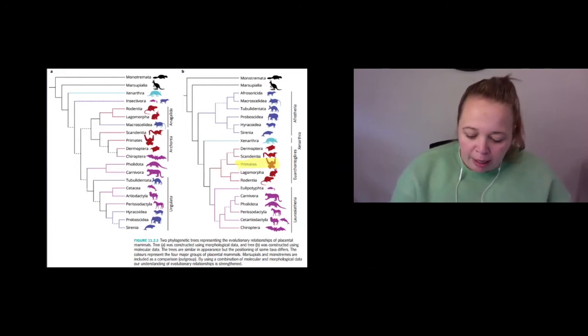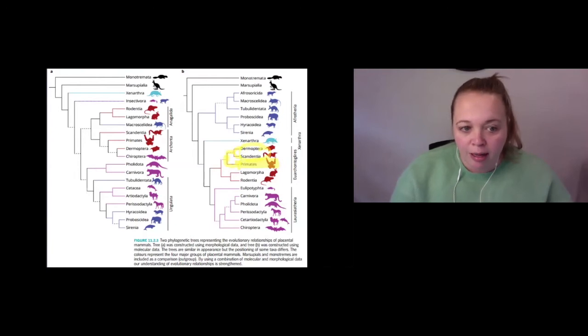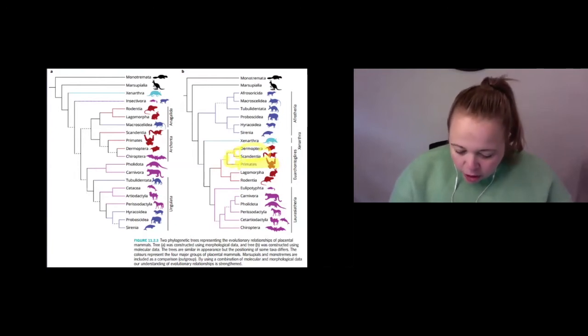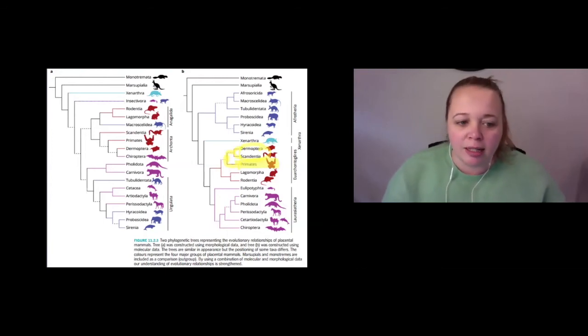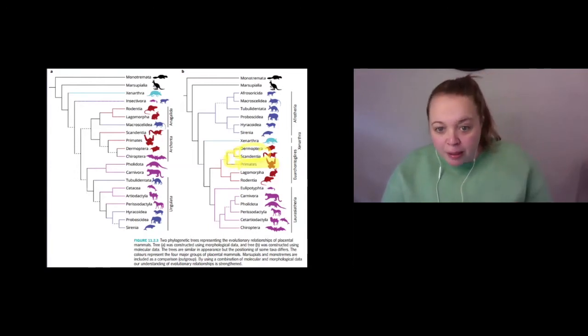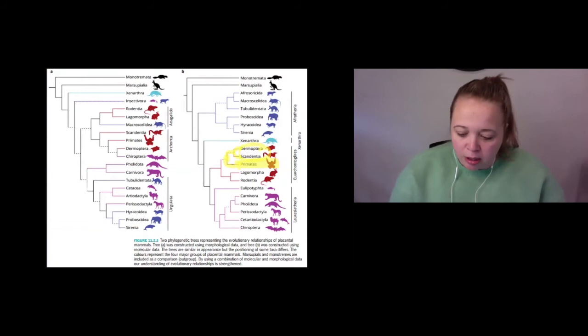So I go back in time to where they branch off, which is here, and then I come out again, and I say, all right, the two most closely related groups to that primate are the Dermoptera and the Scandentia. So these are the ferrets and what looks like flying foxes. Out of all these orders, they're the most closely related to us outside of other apes.